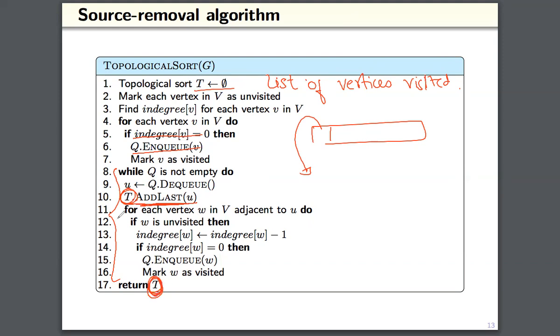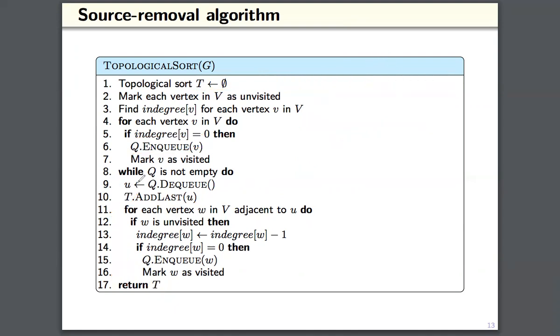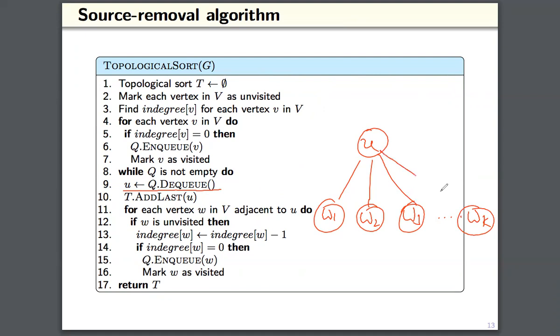Okay, for each vertex W in V adjacent to U. Now look at this. You dequeued from the queue, and for each vertex adjacent to U, W2, W3, so on WK, let's say, if W is unvisited, you decrement the in degree of that. Why do you do this?